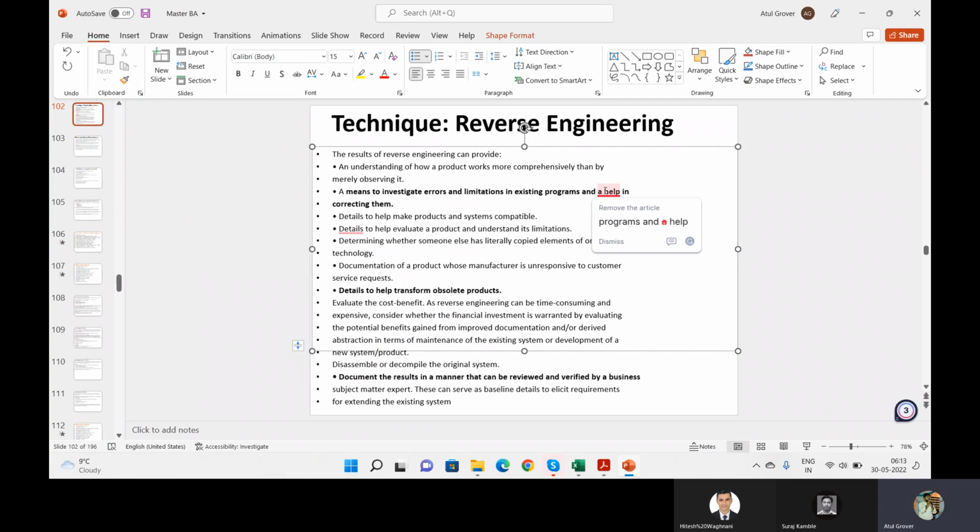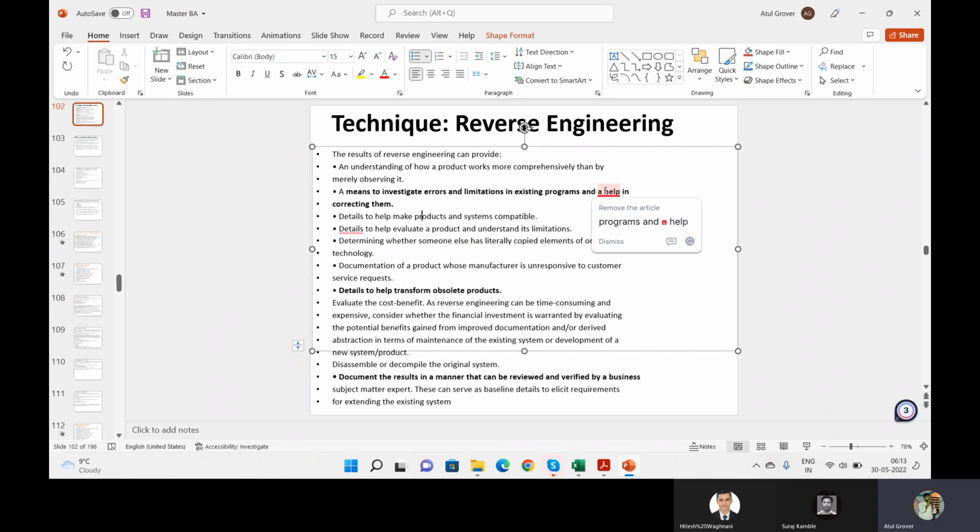Now let's take an example. I purchased a scooter in 2010, and it is not working properly now. I go to a mechanic. Now there are two ways. Either he will say, sir, do you have a manual of this? If he is not a good mechanic, he asks for a manual. I say, no, boss, I don't have a manual.